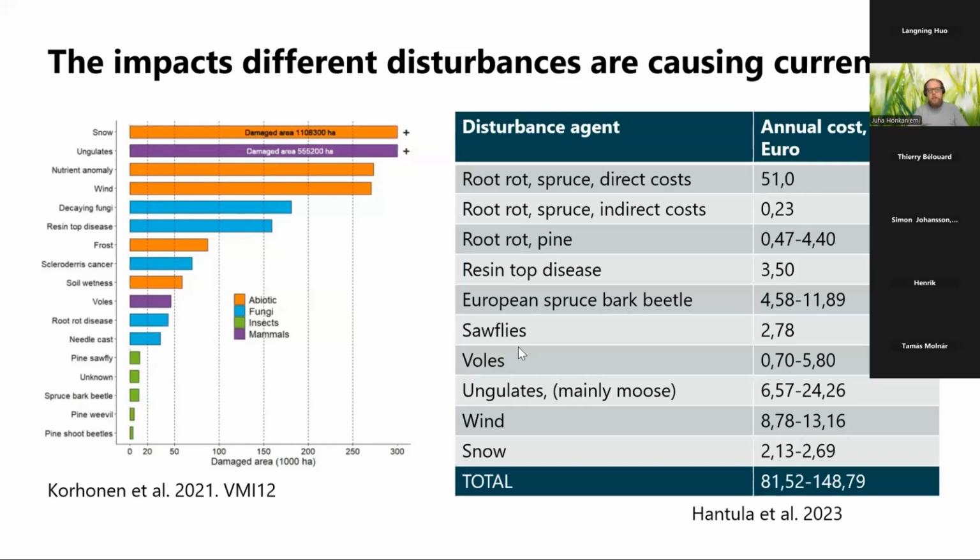On the left, you can see the damaged areas by agent in Finland based on the NFI 12, published a few years ago. And there we can see that snow damages and ungulate damages, meaning moose, are the most frequent agents per area, followed by wind, decaying fungi, and so on.